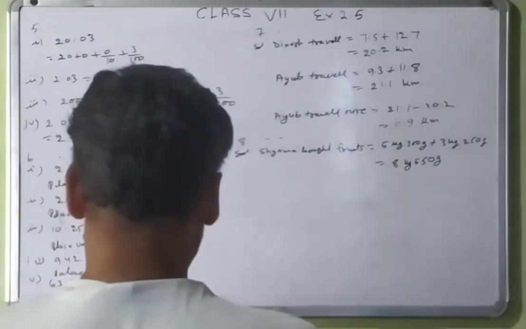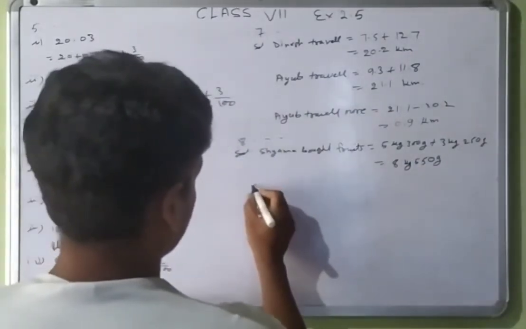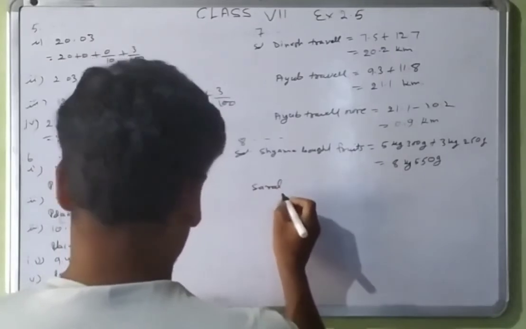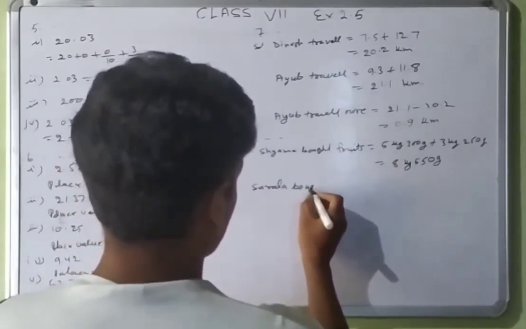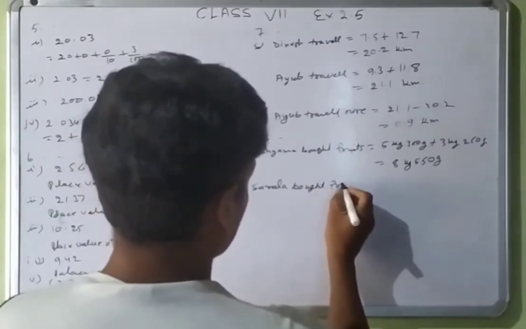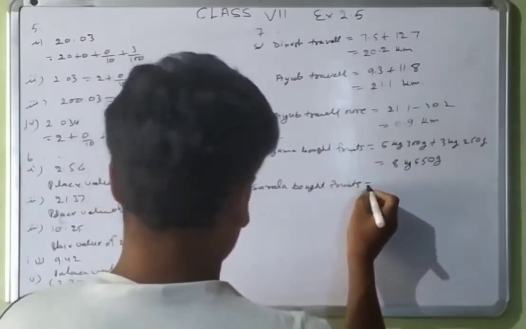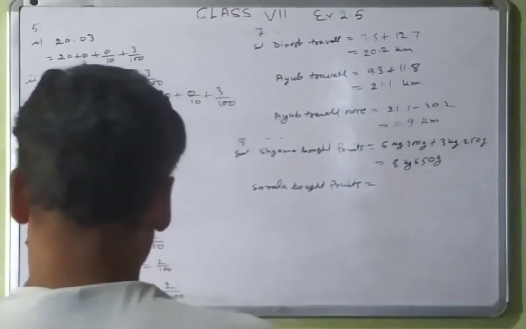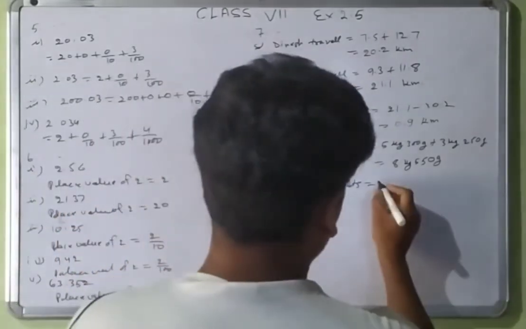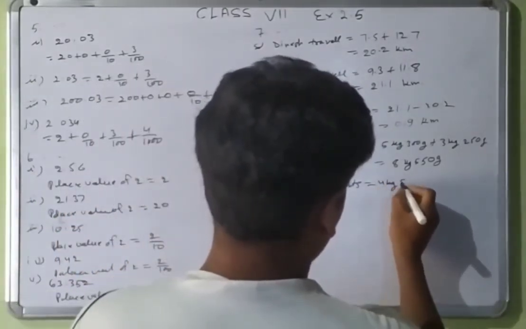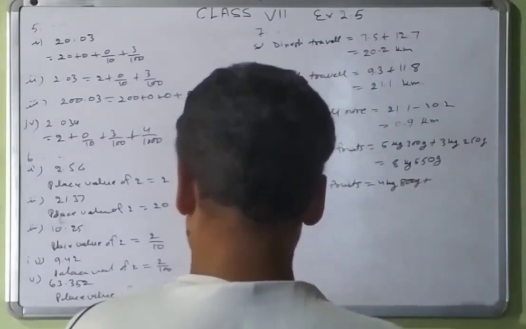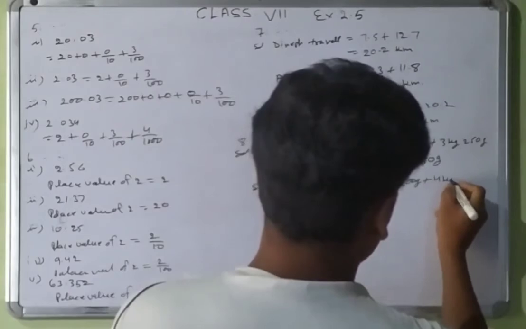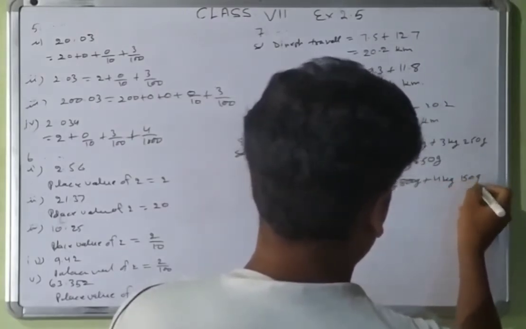And then second is Sarla bought fruits equal to 4 kg 800 gram plus 4 kg 150 gram.